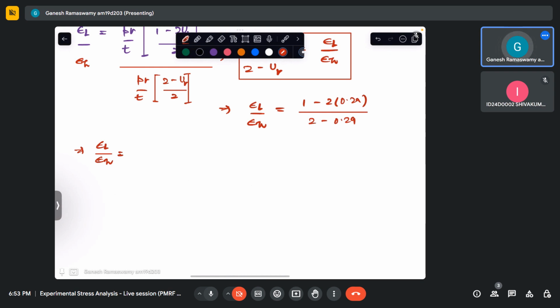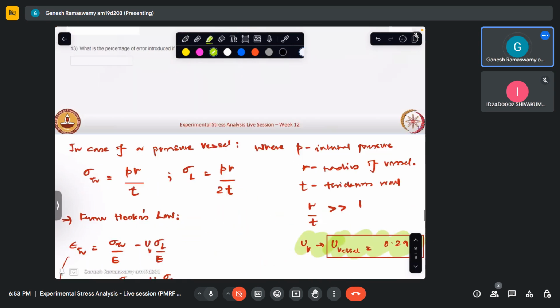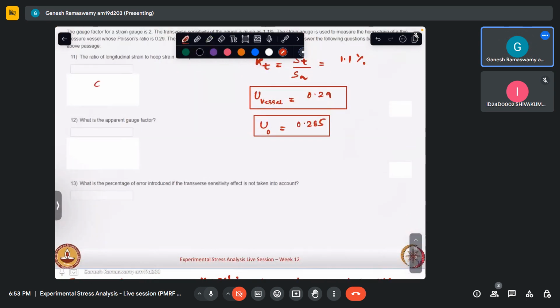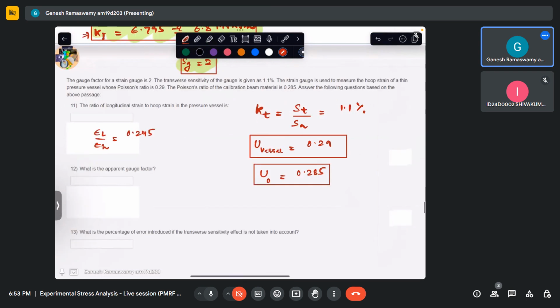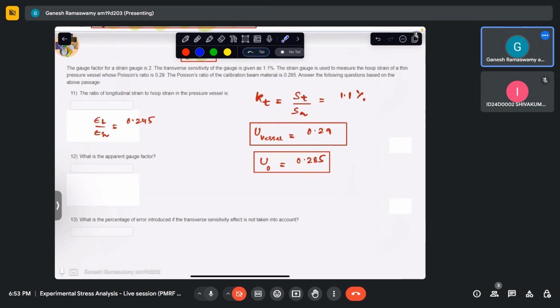It comes out to be 0.245. So we are clearly able to see this is not equal to the actual Poisson's ratio of the material. That is only applicable in the case of uniaxial tension.